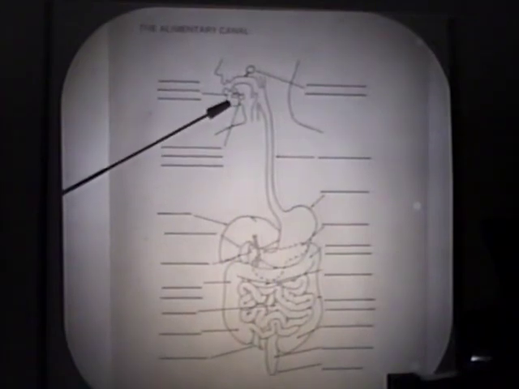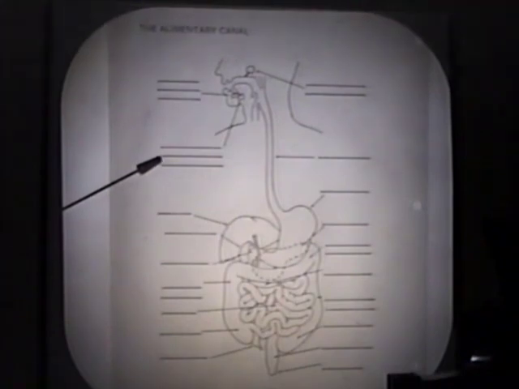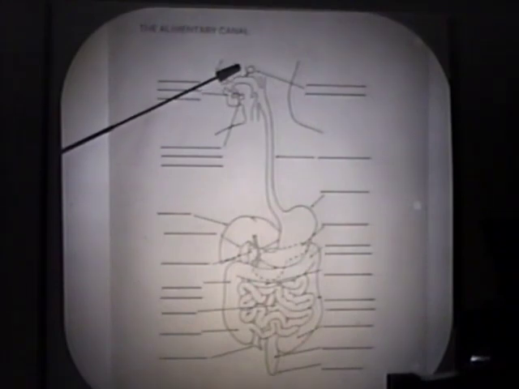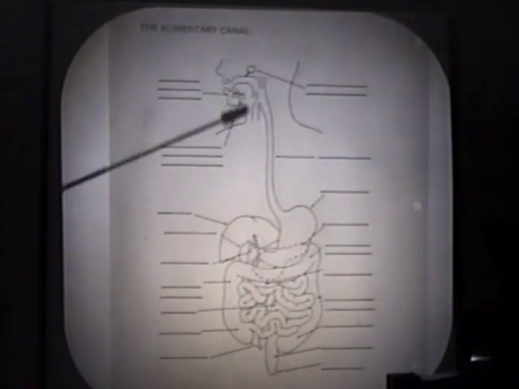The one that's located in the lower jaw is referred by two names, submaxillary or submandibular salivary glands. And the one that's over on the right-hand side of the top, which is located up in the upper part of the mouth or the palate, is referred to as the parotid salivary glands.